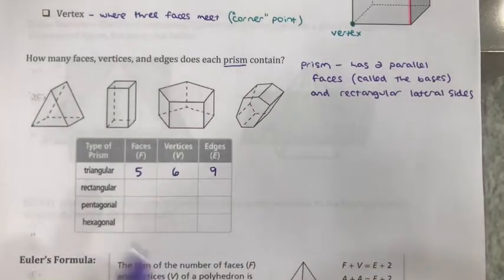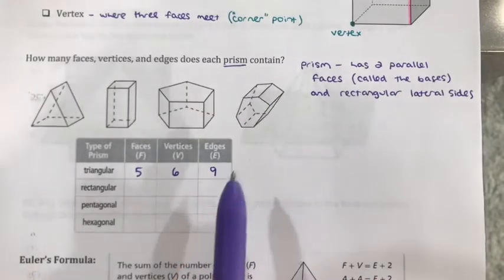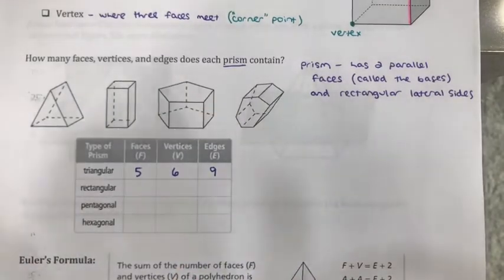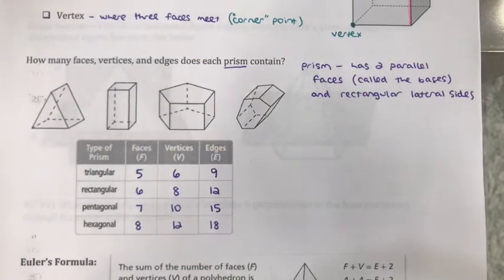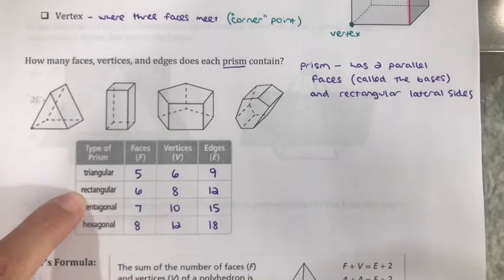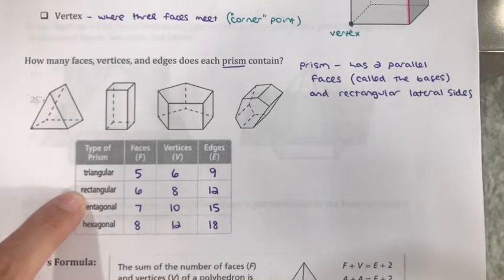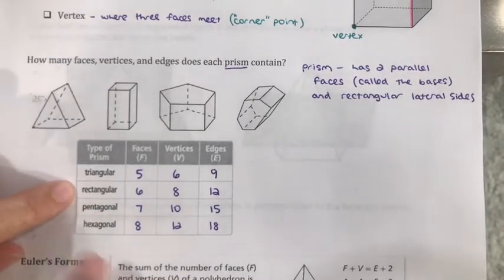So take a look at the remaining pictures and do the best you can to fill in the rest of the table. Go ahead and hit pause on the video. Go ahead and check your answers here. Now, you might make some observations about the way the numbers increase as you add another side basically to your figure.